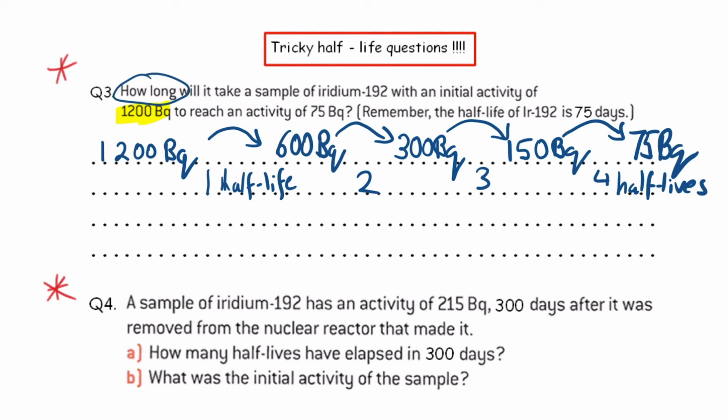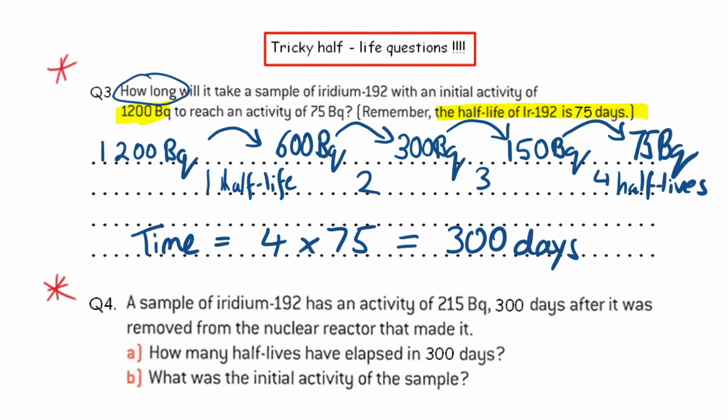So what we've got to do is use the fact that the half-life of iridium is 75 days. So the time will equal the number of half-lives, 4, times 75, and that's 300, so 300 days.